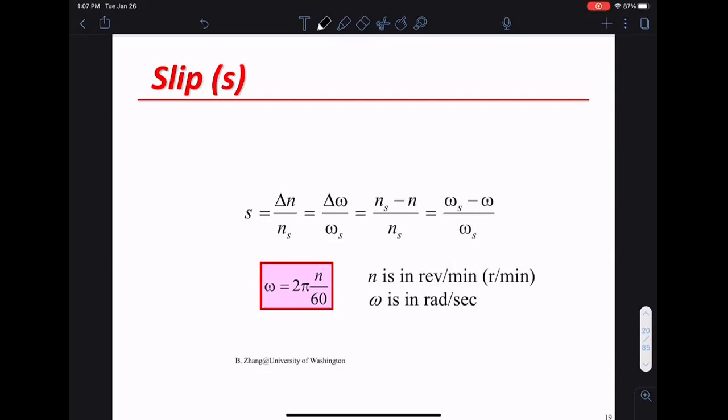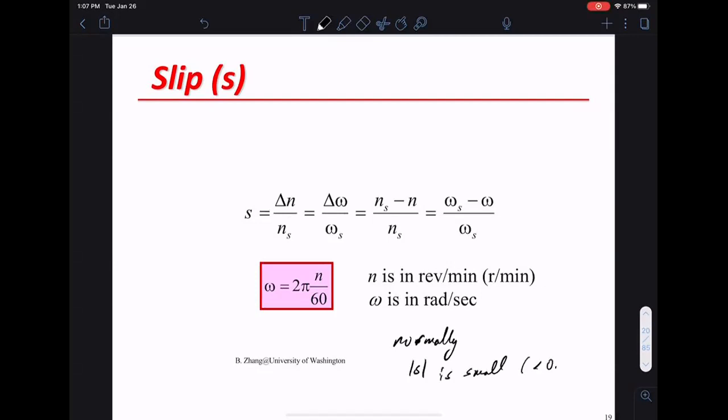Would you expect to see a slip of 0.5, let's say? Anybody remember the reasonable range for slip? Slip normally, the magnitude of slip is small.